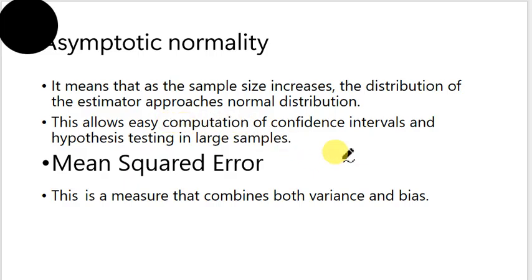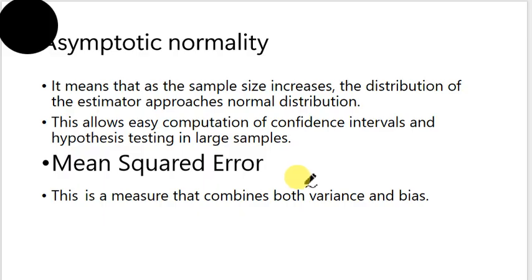Asymptotic normality means that as the sample size increases, the distribution of the estimator approaches a normal distribution. This allows easy computation of confidence intervals and hypothesis testing in large samples.